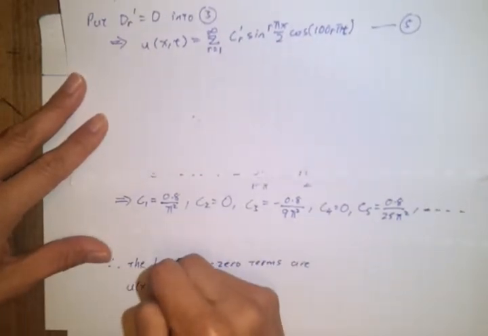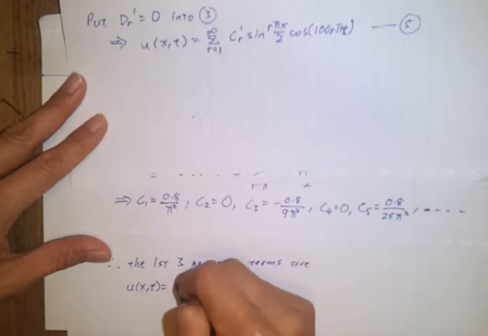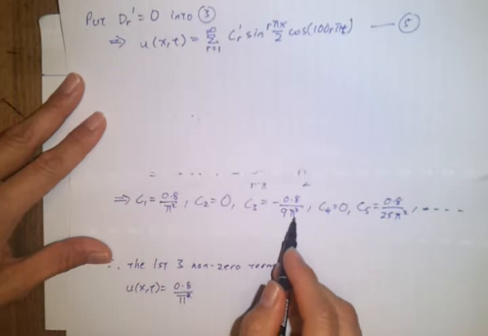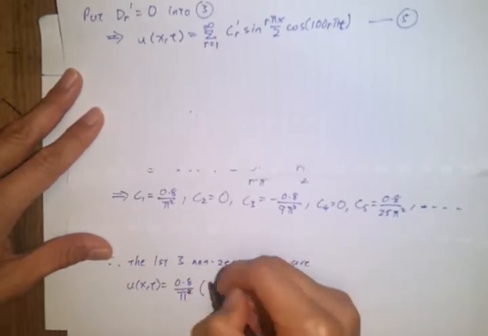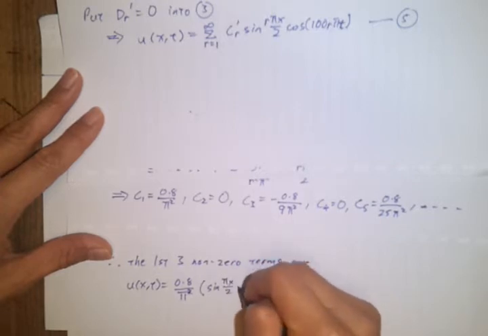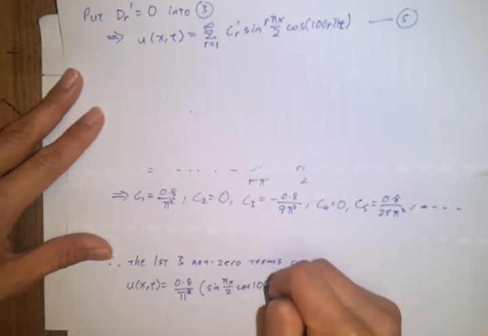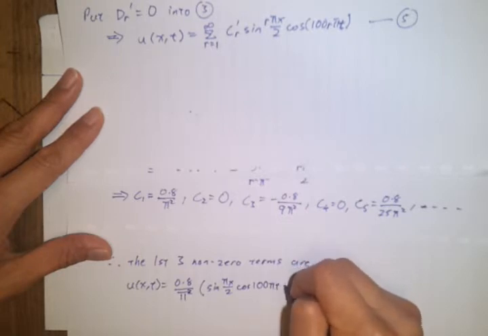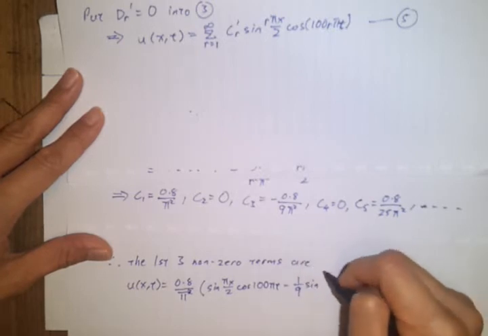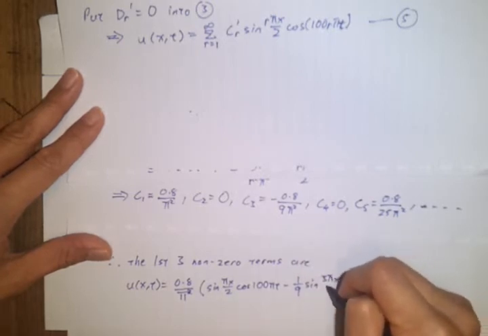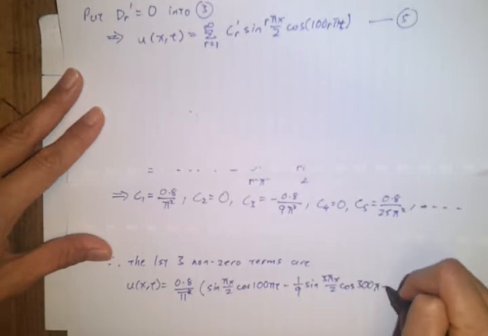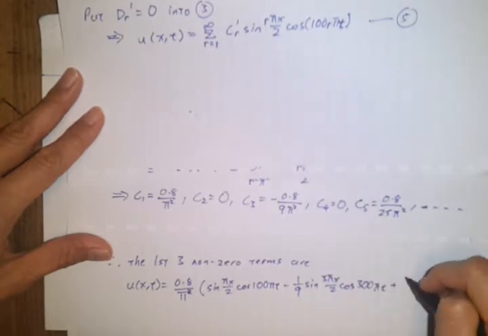u is equal to 0.8 over pi squared, the common thing inside here, sine this, and this is your C3 term. And finally your C5 term.